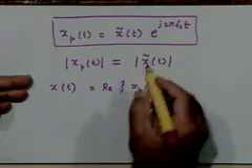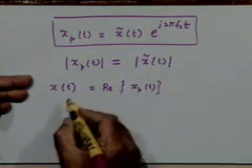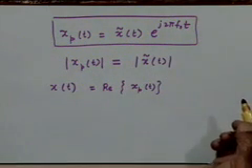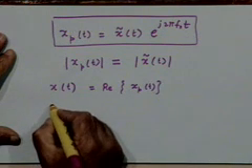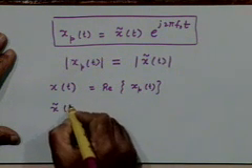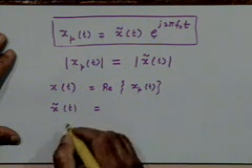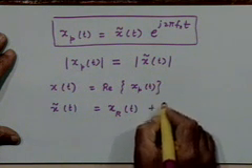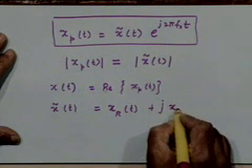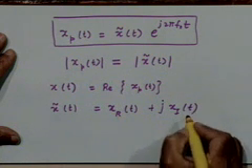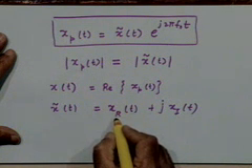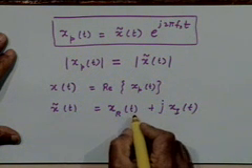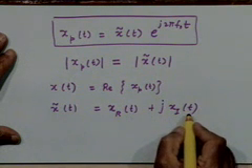Now since I said that x tilde t in general could be complex valued, x tilde t in general would have some real part and some imaginary part, right? Let me call the real part x sub r t and the imaginary part x sub i t.